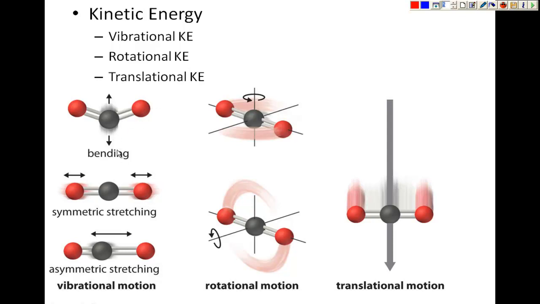Here's a picture of different types of vibrational kinetic energy, where the bonds are just bending or stretching. Here's a different way that it's stretching right here. So vibrational is bonds stretching and moving.